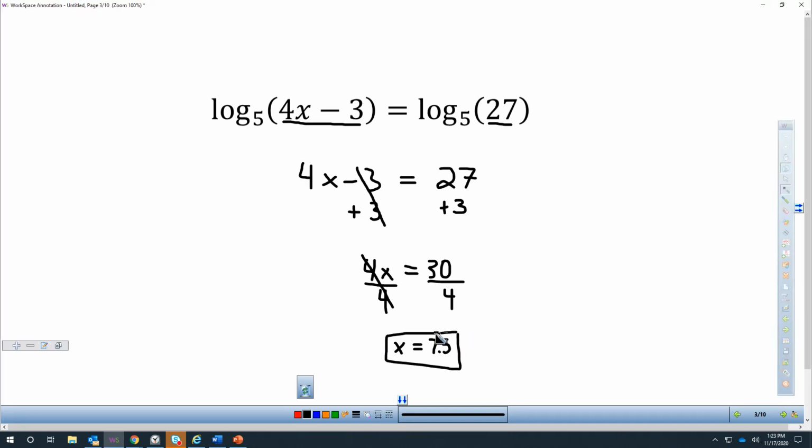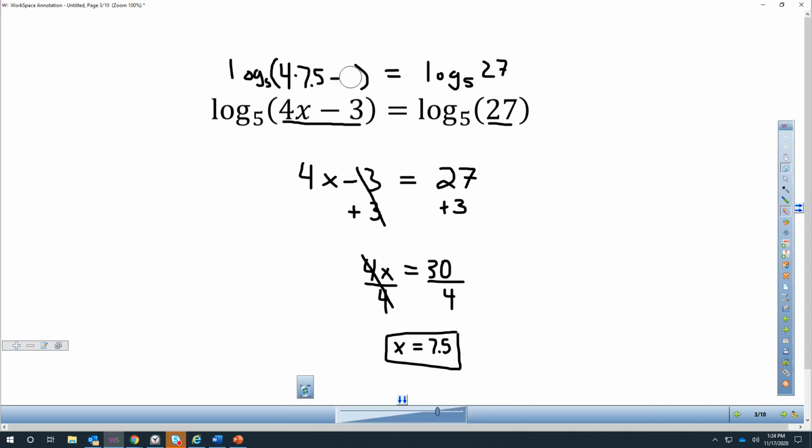Now just to show our point, I'm going to take that and put it back into the equation. So this is going to be 4 times 7.5 minus 3, whatever that equals, and we're going to take the log base 5 of that, and it should equal log base 5 of 27. Okay, so watch what happens here. 4 times 7.5 is 30, and 30 minus 3 is 27.